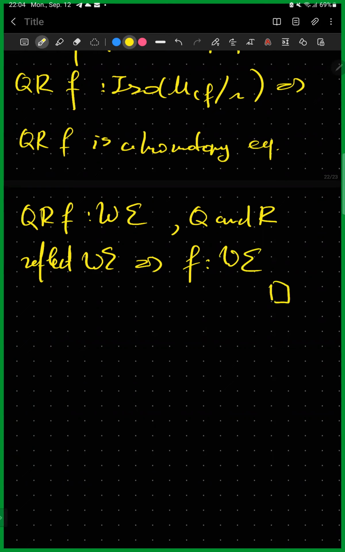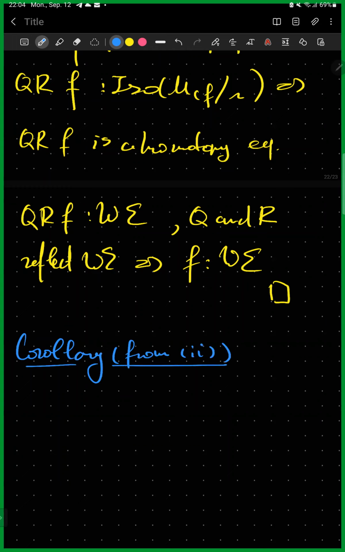So let me conclude with the following. I will conclude my talk with the following corollary, which follows from part 2 of the theorem.